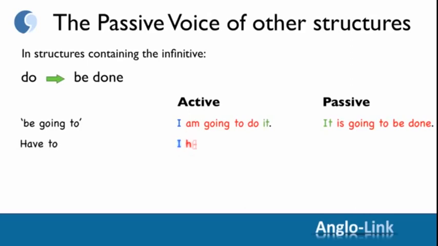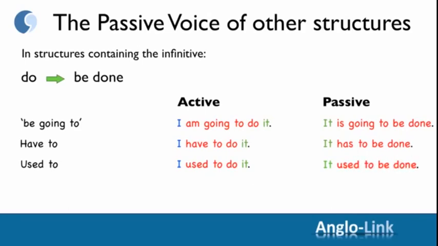Have to, I have to do it, changes into, it has to be done. Used to, I used to do it, it used to be done. And modal verbs like can and may, with infinitive without to, I can do it, it can be done.